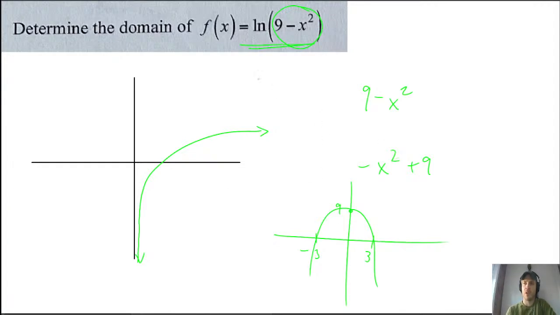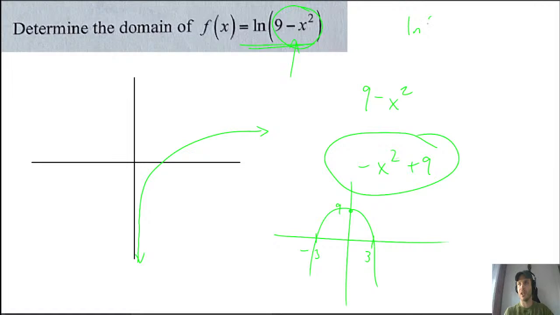So anyway, we have to think about our log function and the domain of our log function. It's really important that you think of the domain of your log function, okay? The things that can go into this function and come out of that function are going to be the things that go into the log function. So we just have to think about what can exist there.